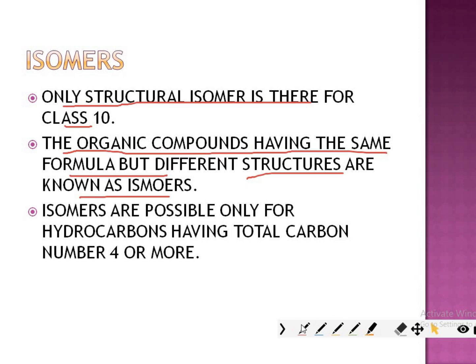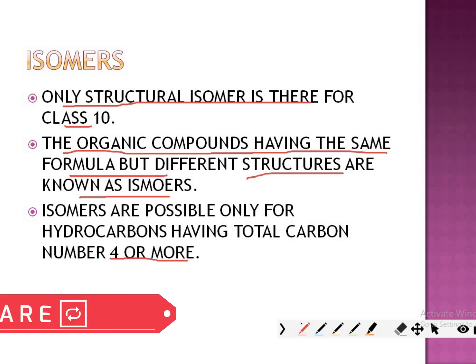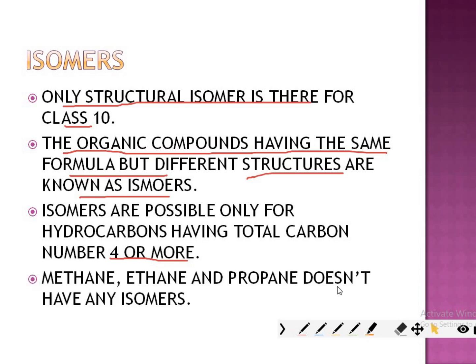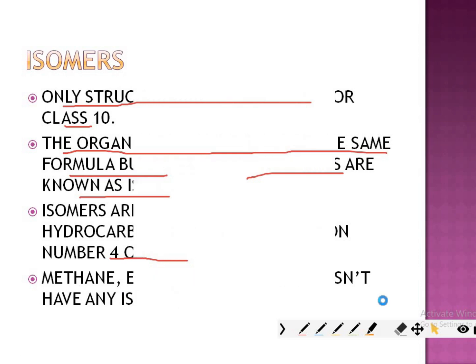Now isomers are possible only for hydrocarbons having a total carbon number of 4 or more. So for meth, eth and prop there will be no isomers. Methane, ethane and propane do not have any isomer because here we have the number of carbons as 1, here 2 and here 3.